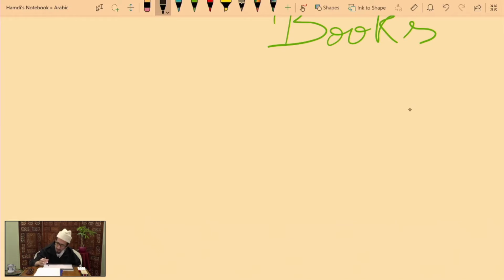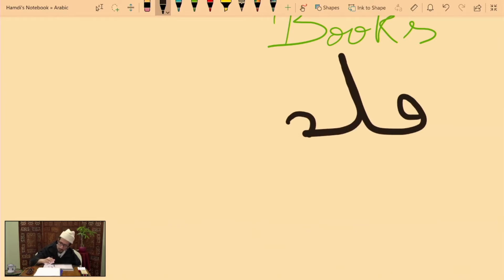The word qalam. Okay, I'll write it like this. You know that in the calligraphy that you find in the Quran, the meem at the end of the word, they write it like this. And in calligraphy in general, they write it like that.